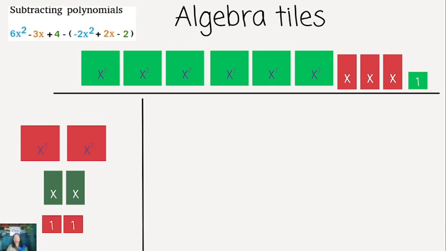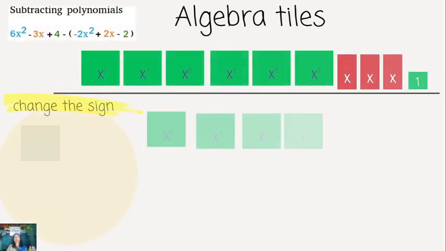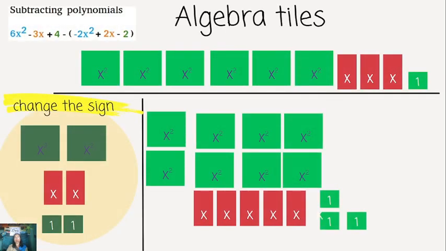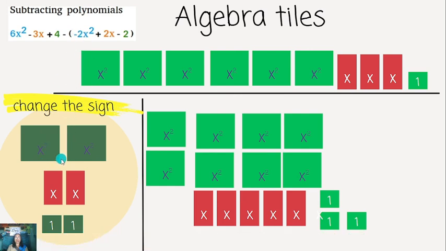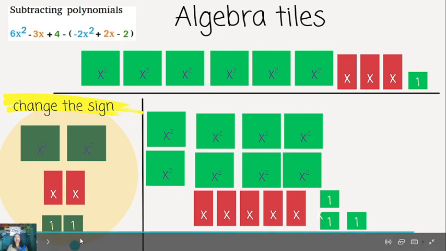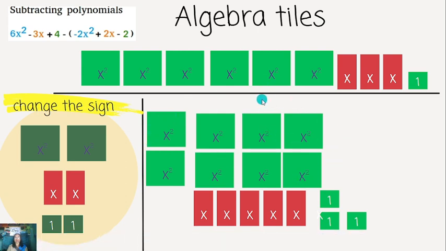Remember, you take the opposite; change the sign. When it is minus, always change the signs. From negative becomes positive, from positive becomes negative, from negative becomes positive. Then you combine them.